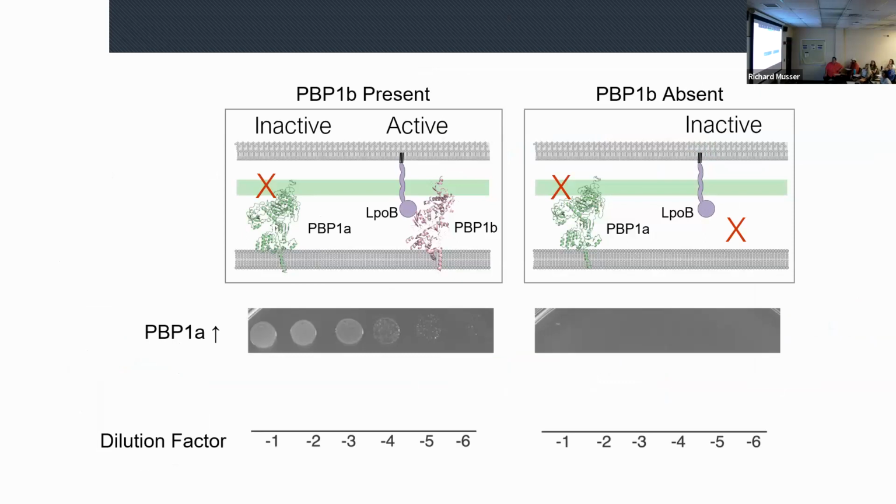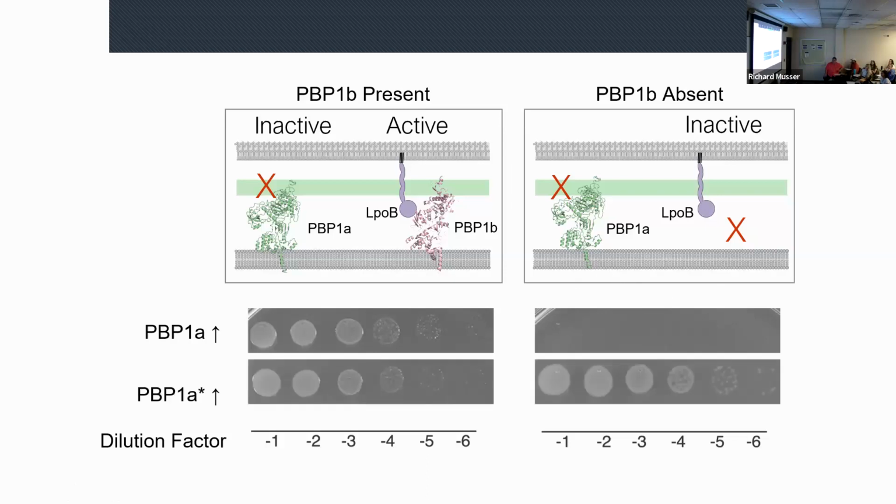In this assay, you take a culture of bacteria and you dilute it. And the lower the dilution it grows at, the healthier the strain is. If you then plate under conditions where PBP1B is not expressed, the cells die because the PBP1A is not active because Lipo-A is not there.